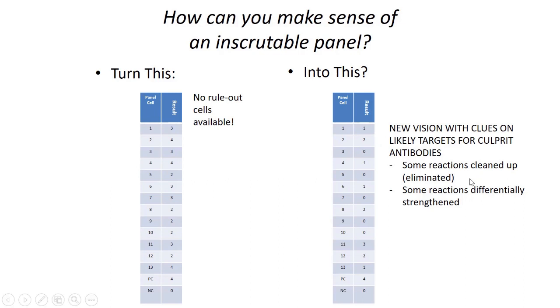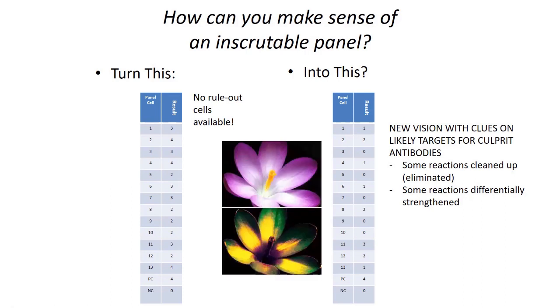If some reactions are cleaned up or eliminated, and you know what the reagent-sensitive systems are for that, versus other reactions being differentially strengthened by a reagent, you can get dualistic insights all at the same time. This is like having B vision.